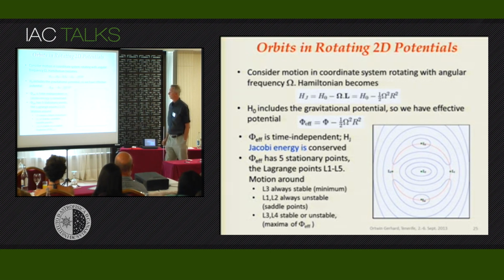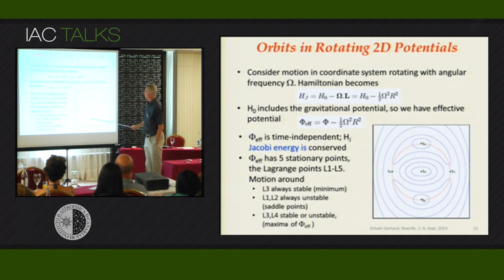And then there's two other Lagrange points which are maxima of this effective potential, and as it happens may be stable or unstable. So that in some cases there can be families of orbits oscillating around these Lagrange points.